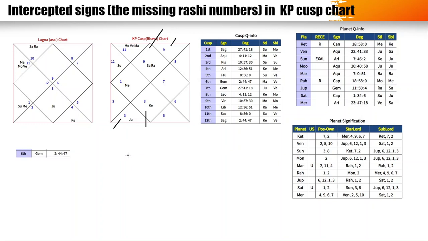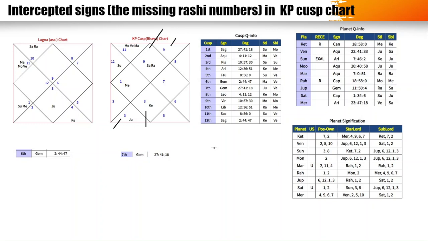So the 6th cusp starts from Gemini 2 degrees 44 minutes, and then it will end at Gemini 27 degrees 41 minutes, right?